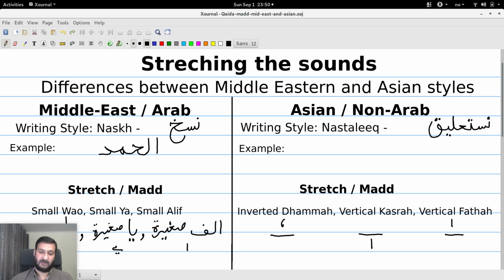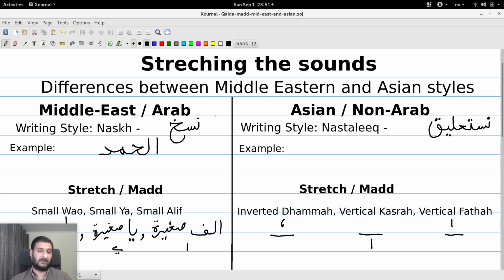You see, all of the letters are at the same level. They are all touching this bottom line, and all are going in a sequence, one after the other, at the same level. So this is Naskh, and this is the word Alhamd.